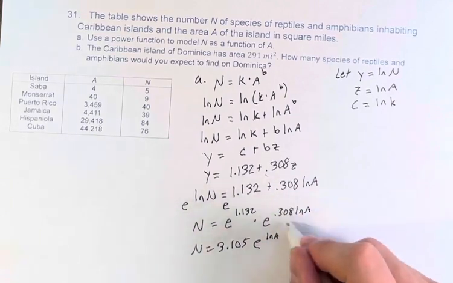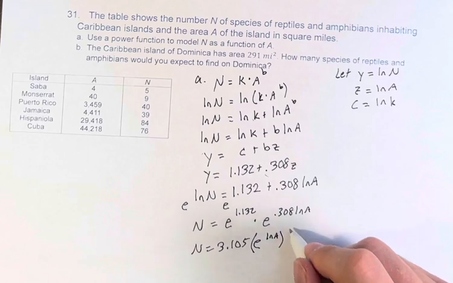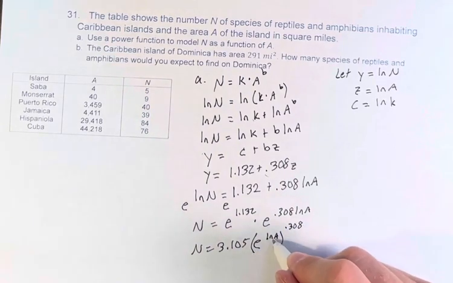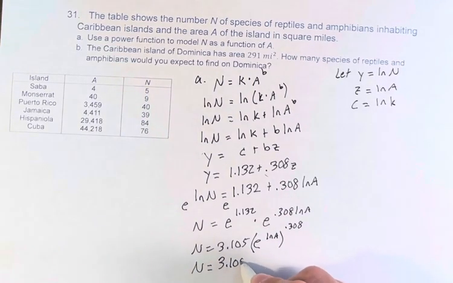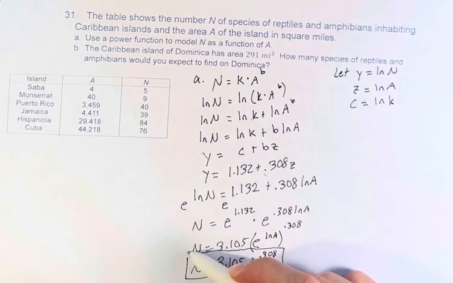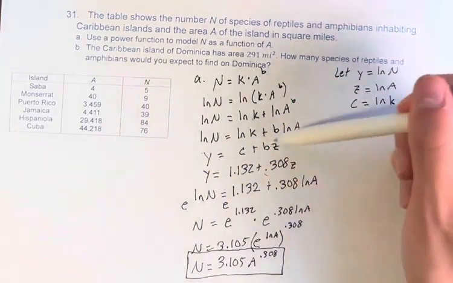And when you have two things being multiplied in your exponent, it's one thing to the other. So e to the ln of A to the power of 0.308. So n is equal to 3.105 times, e to the log base e of A is just A to the 0.308. And this is the power function that models this data the best, based off of the linear regression that we do in this intermediate step.